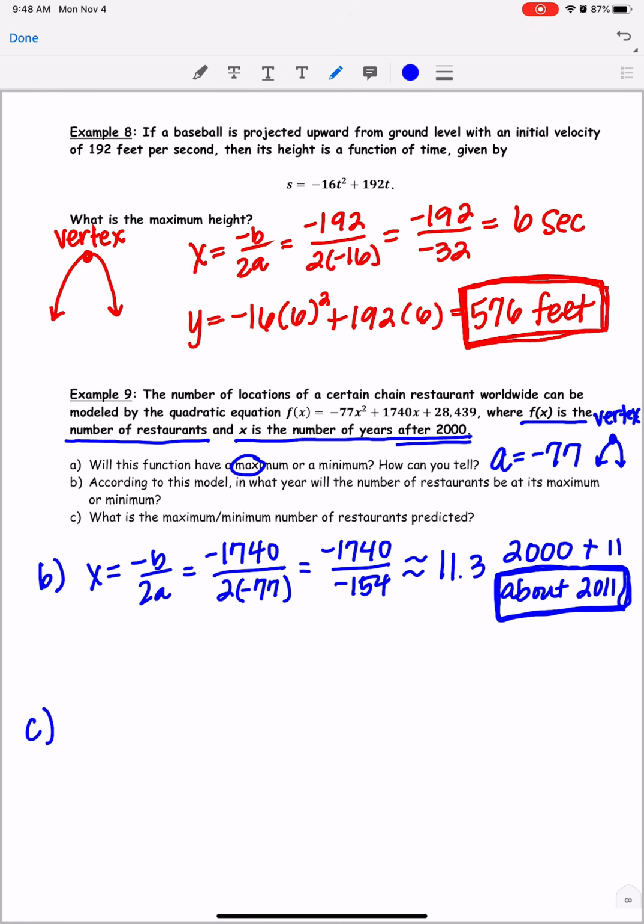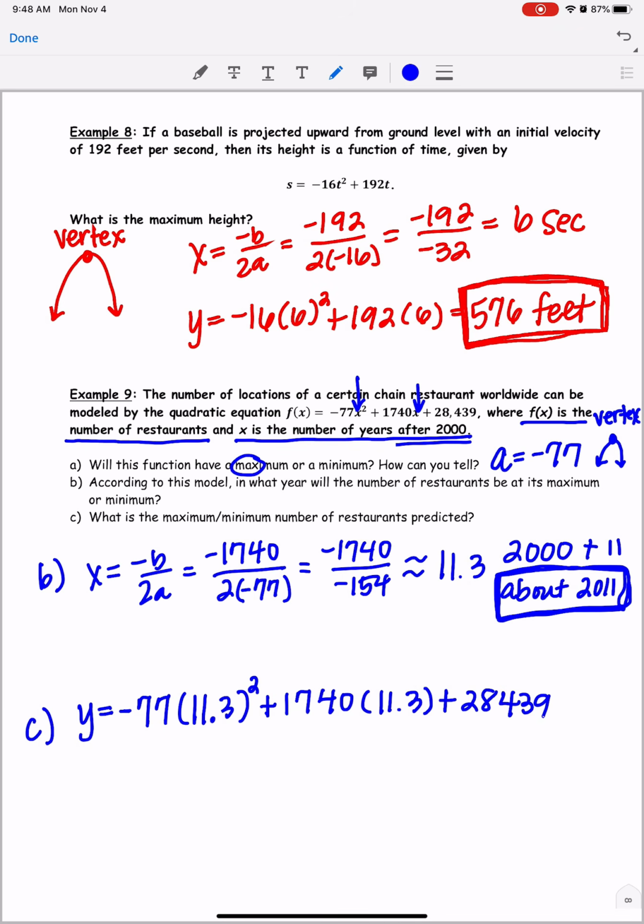So then part C wants to know what is that max or min number of restaurants predicted. That's my y of my vertex. So we've got y equals, I'm going to put in this 11.3 into both of these x's here. So we've got negative 77 times 11.3 squared plus 1740 times 11.3 plus 28,493.